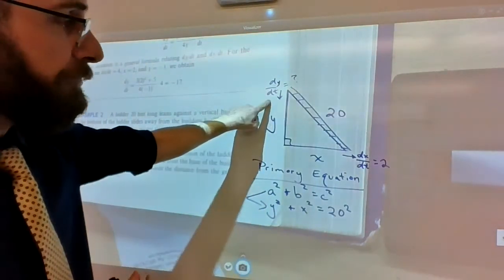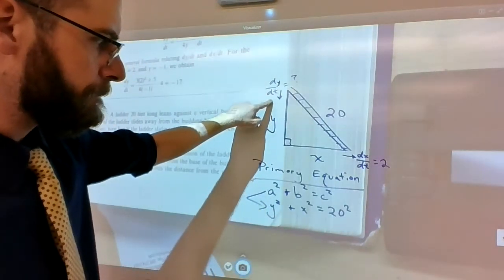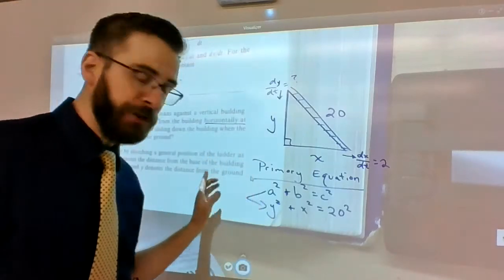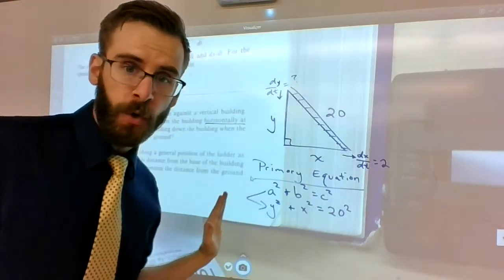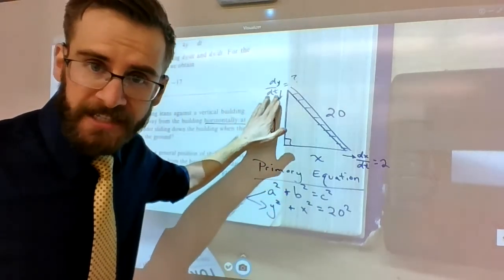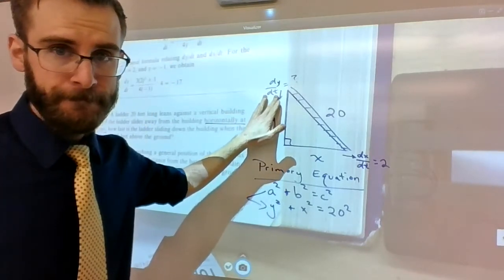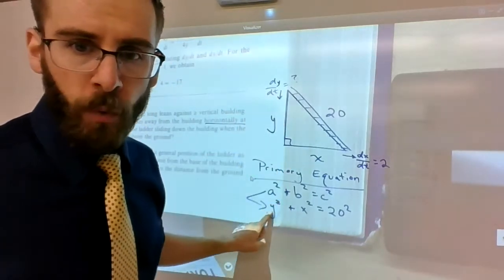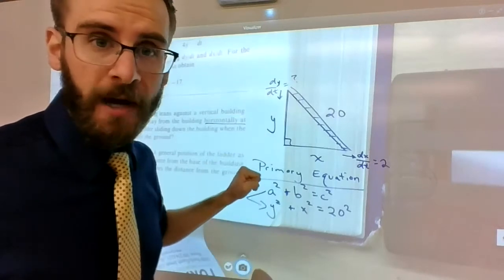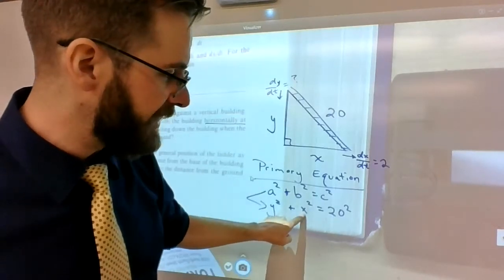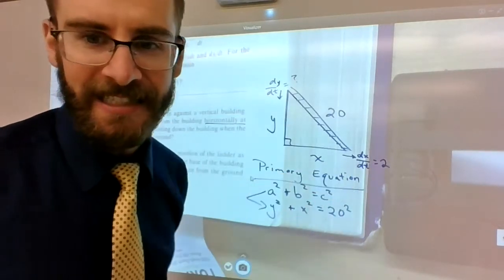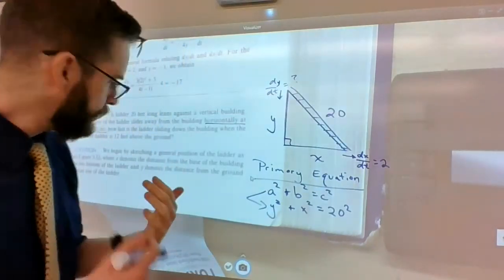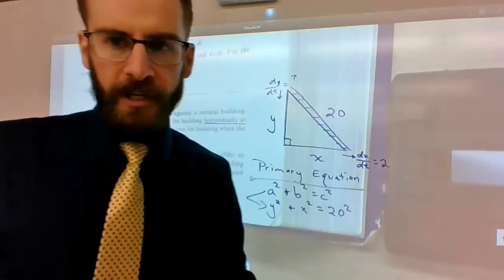We want to solve for dy dt, which means we have to take the derivative of both sides of this equation with respect to t. And then when you take the derivative of y, you get a dy dt out of that. When you take the derivative of an x term, you get a dx dt out of that one. So I think we've got something that we can move forward with.